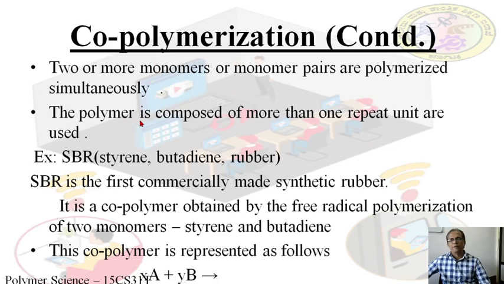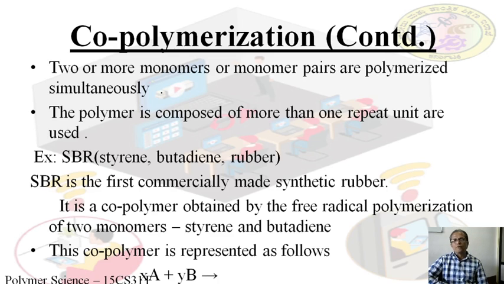Only one type of repeat unit makes a homopolymer. If two or more different types of monomers are used in polymerization, then we call this a copolymer. An example of a copolymer is SBR. SBR stands for styrene butadiene rubber.